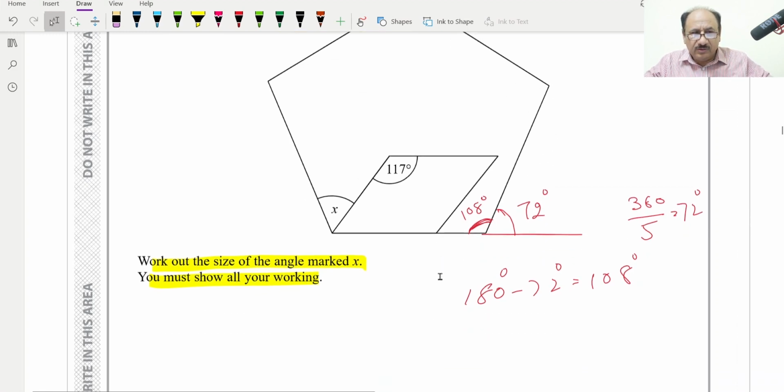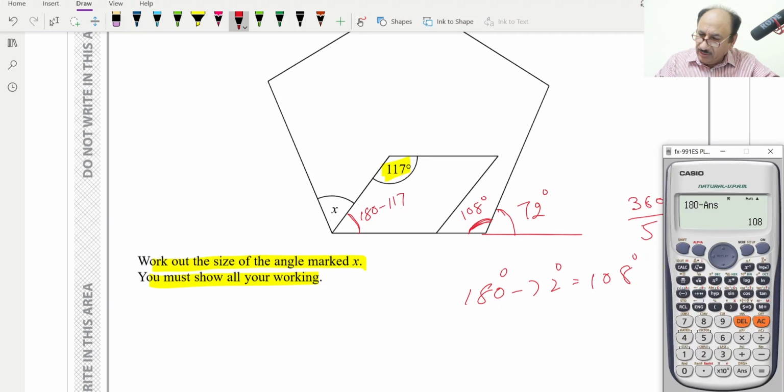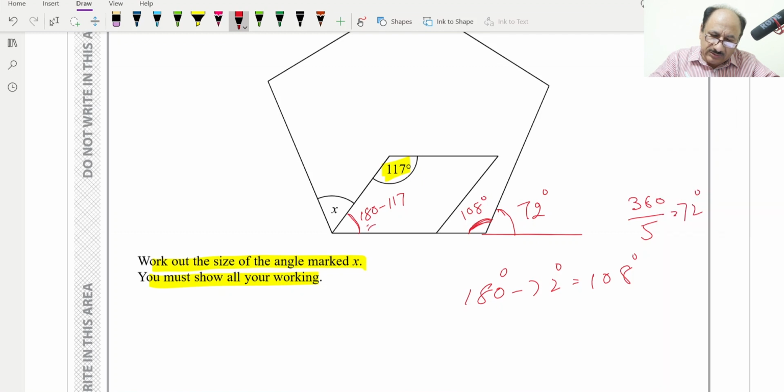Now after finding this, we can also figure out that this angle, this one 117, and this angle will be adding up to 180 degrees. So this angle will be 180 minus 117, which is equal to 63. So we can write this angle as 63 degrees.